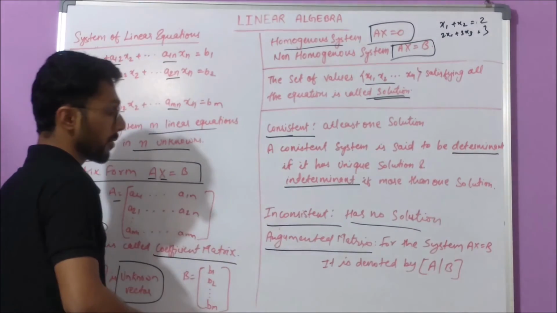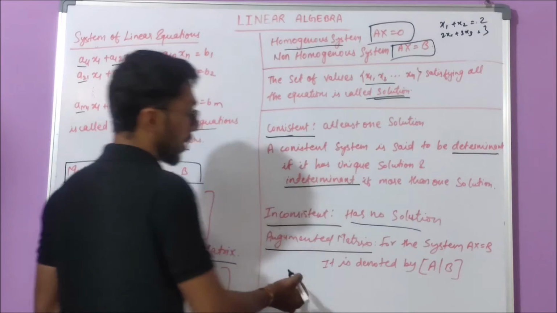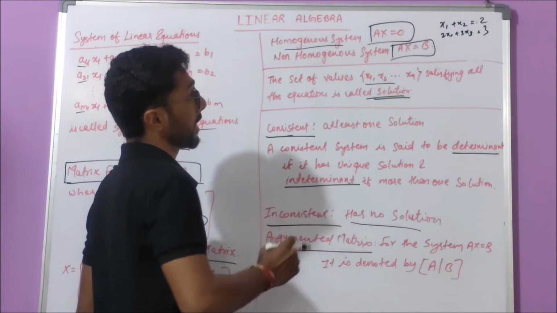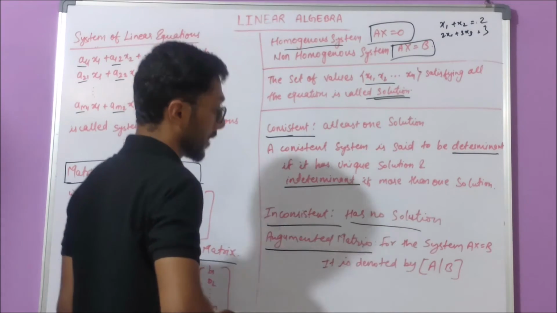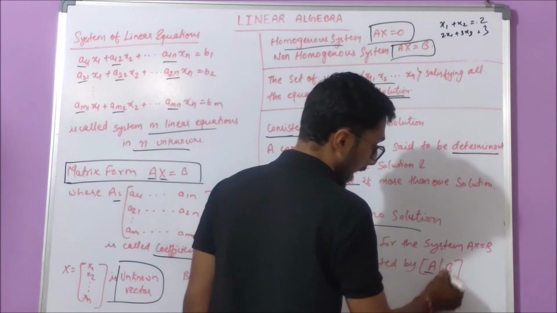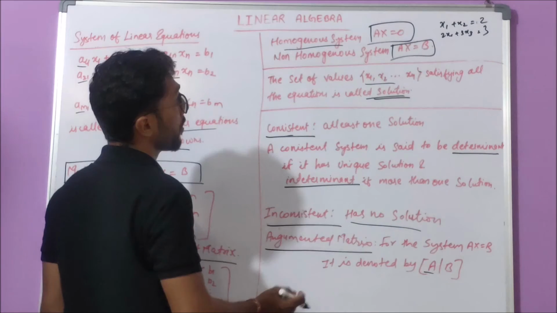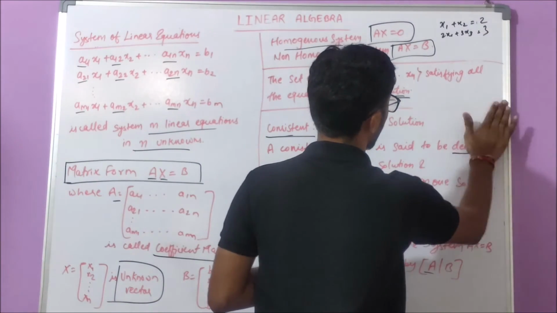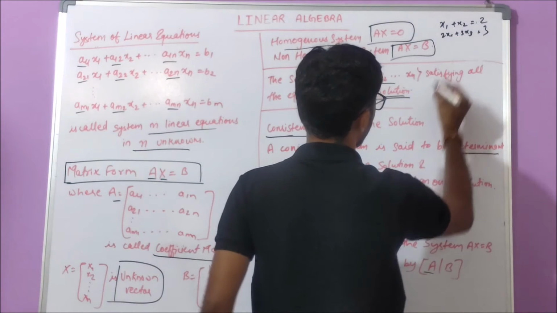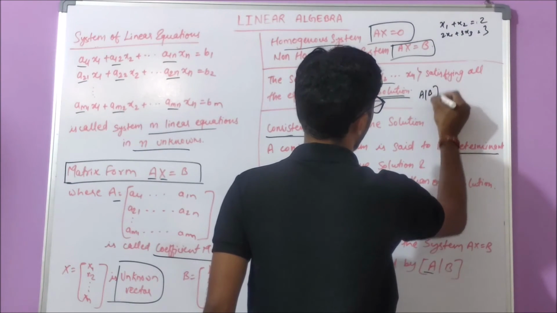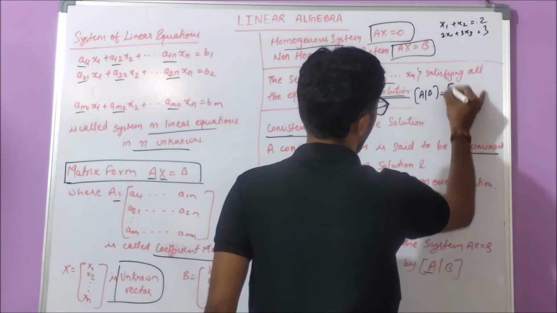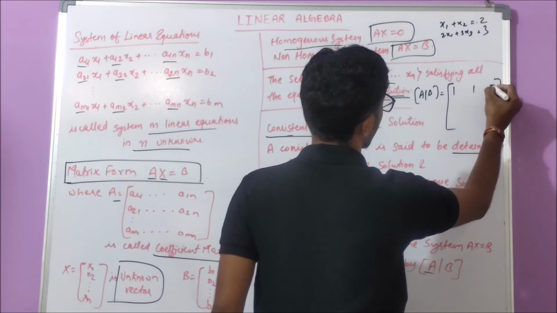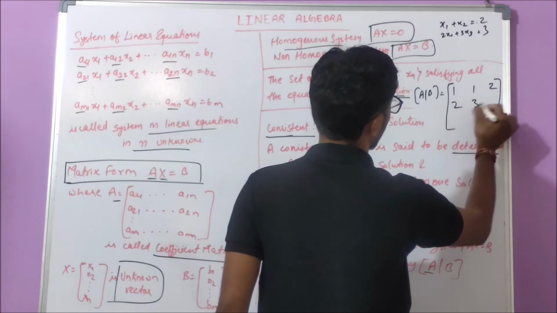Now we have one more thing, augmented matrix. So what is an augmented matrix? Let's take this example and represent it in the form of an augmented matrix. We are representing it as follows: A and B. I hope it is visible. I am writing it here. So the augmented matrix can be represented as 1 1 2, 2 3 3.